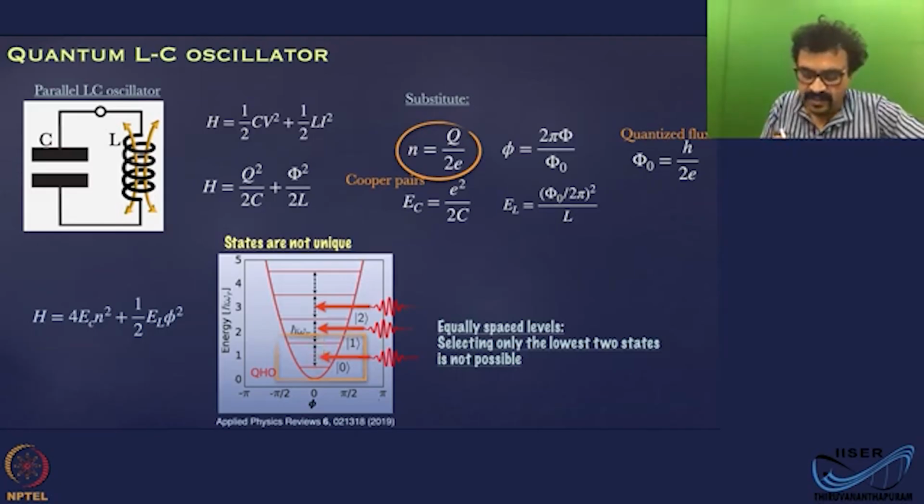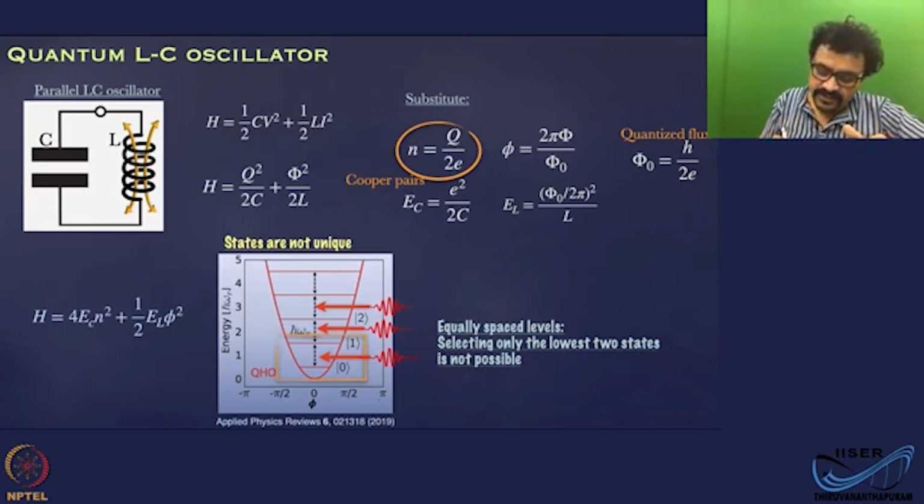But for a simple parabola like this, corresponding to an LC oscillator, the spacing between all the energy levels is equal. They are all h bar omega. That is the characteristic of a parabolically confined system.